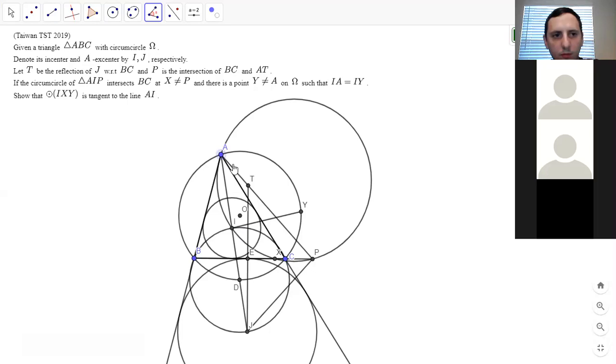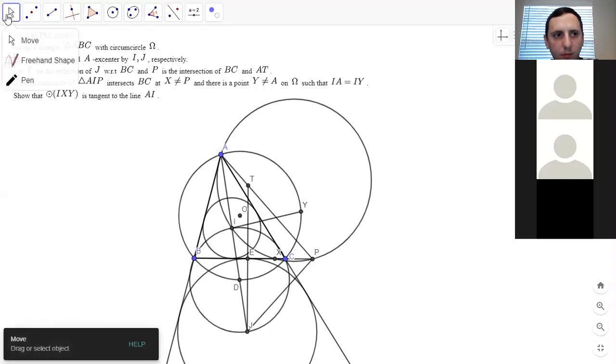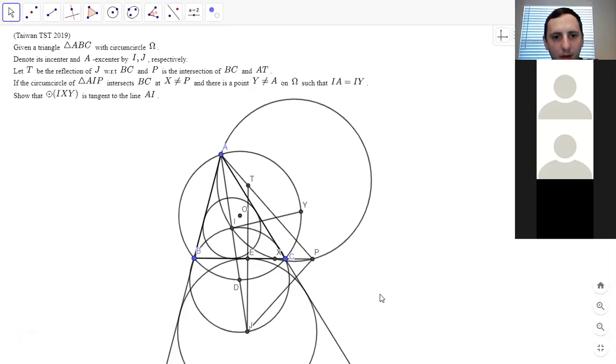Or we can show OI is perpendicular to IX. Or IX is parallel to AY. Yeah, they're all the same thing.